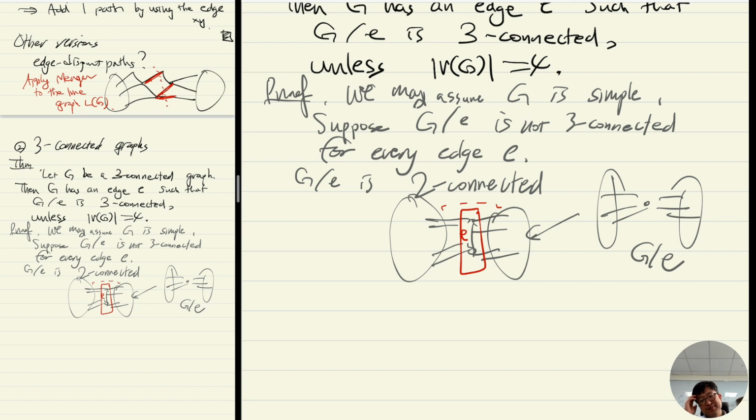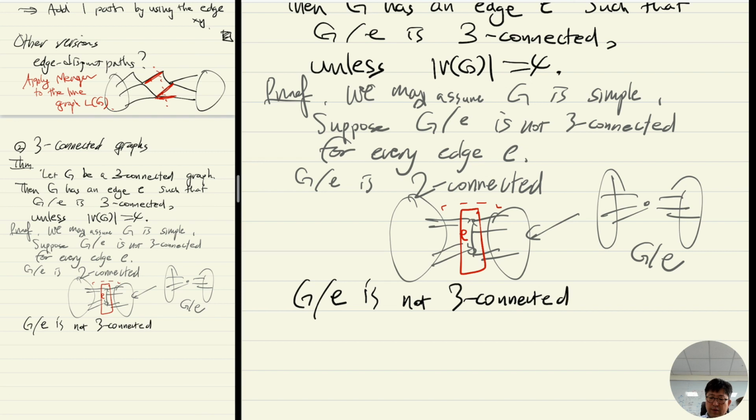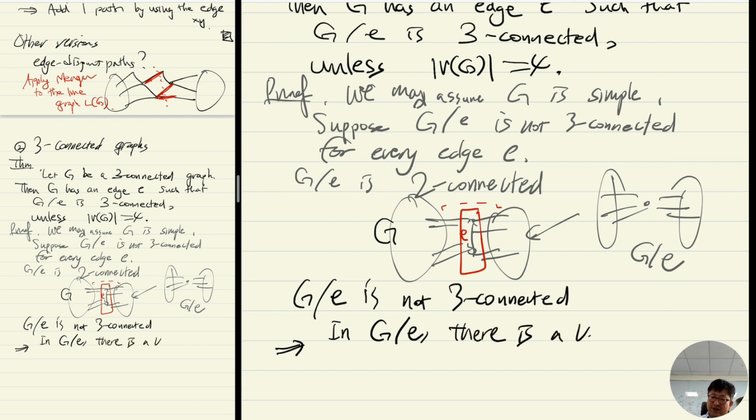So what does that mean? But G contract E is not 3 connected. So this is my drawing for G. In G contract E, there is a vertex cut of size 2.